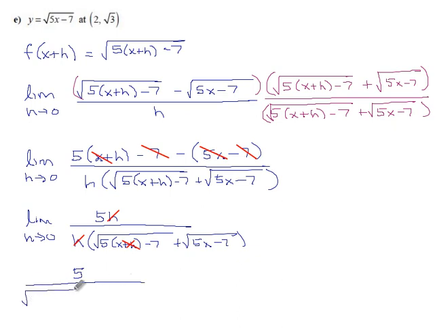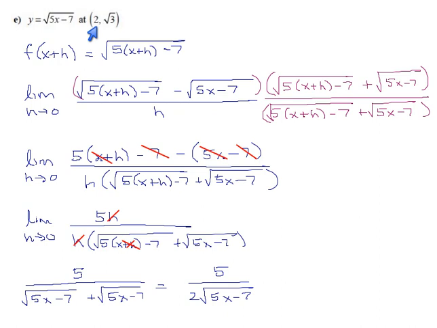root 5x minus 7 plus root 5x minus 7. We can combine those two because they are like terms, and we get 5 over 2 root 5x minus 7. So that's our derivative.